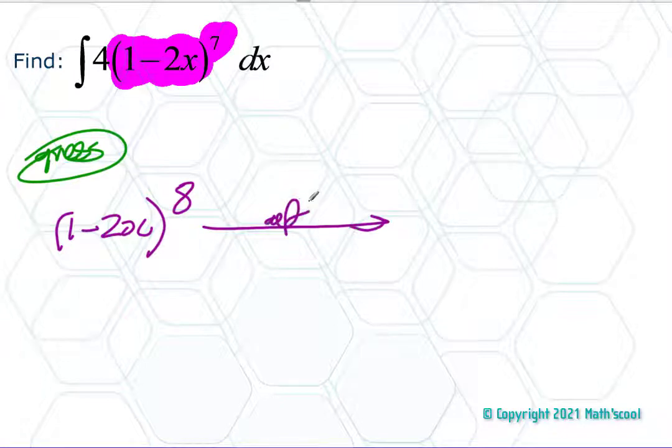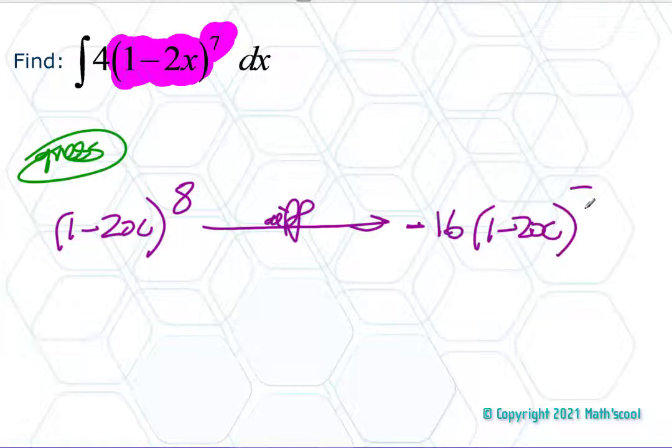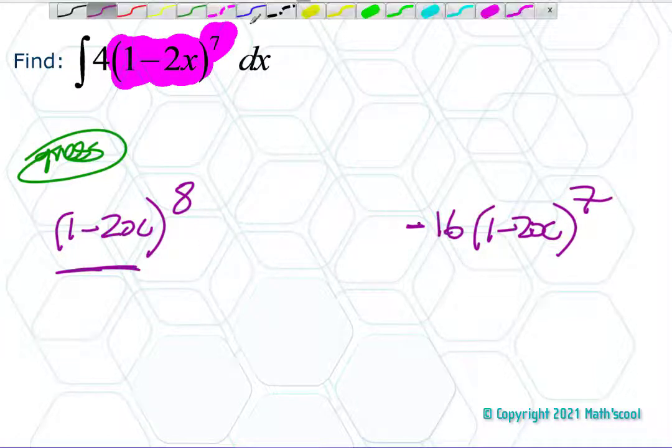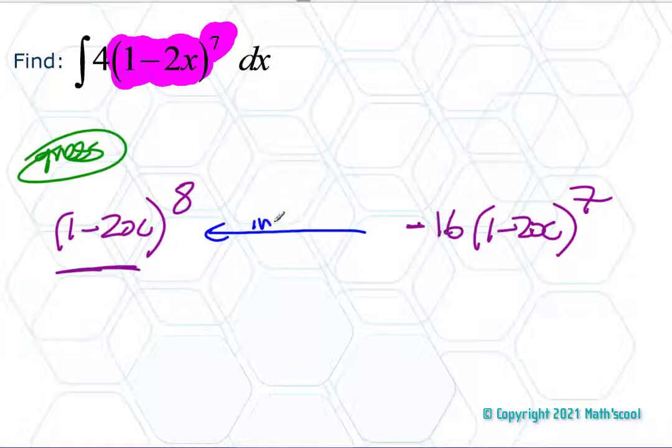When you differentiate that, the 8 is going to come down and multiply by the minus 2, giving you minus 16 (1 minus 2x) to the power 7. Now, I started from here and I differentiated. If you start from here and you integrate, well then you get to this answer here. So I'm just going to rewrite that arrow in the opposite direction, to remember that integration is the reverse of differentiation.